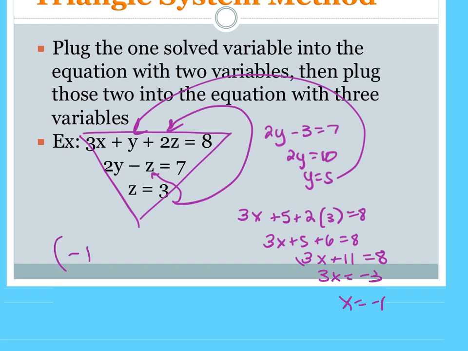So the solution here is negative 1, 5, 3. So a triangle system has one already solved, or to the point that it can be solved. Maybe it was like 3z equals 9, something like that, and you can solve it. It only has one variable. Then one that has 2 variables, then one that has 3 variables. So you just work your way bottom up to solve these.